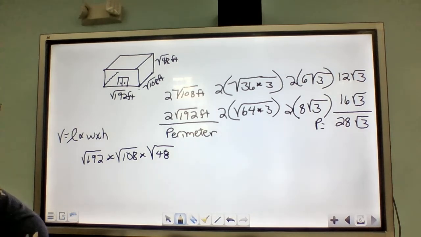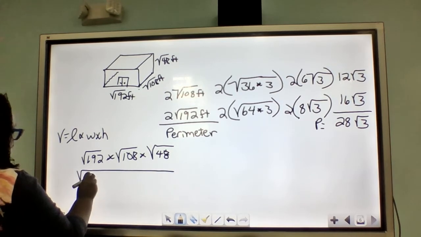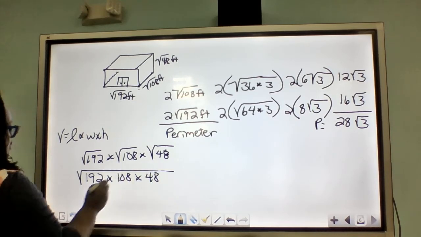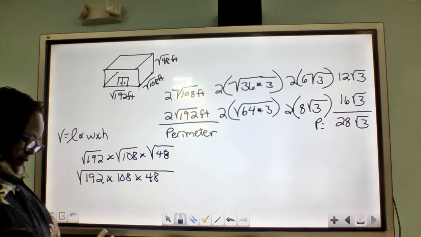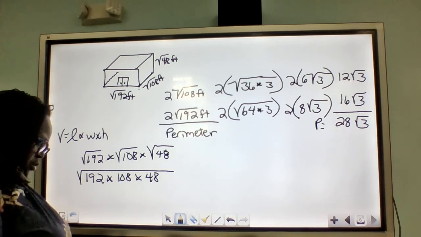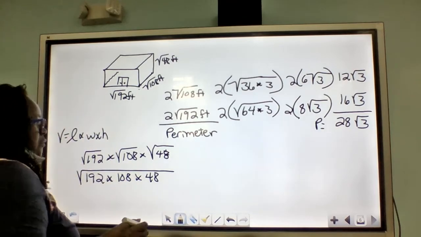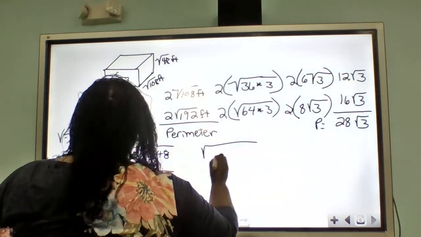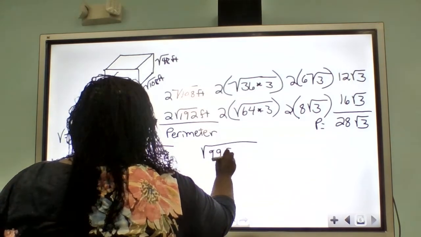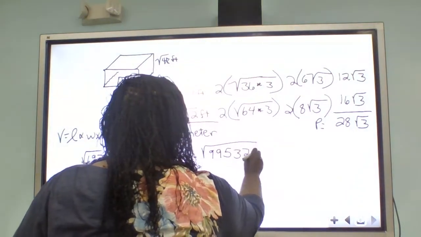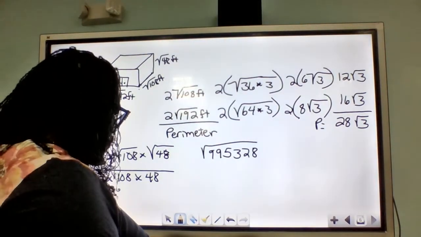So now, what we have here under our radical is 192 times 108 times 48. So let's see what we have here. 192 times 108 times 48 equals 995,328. Okay, so that's what we are getting.